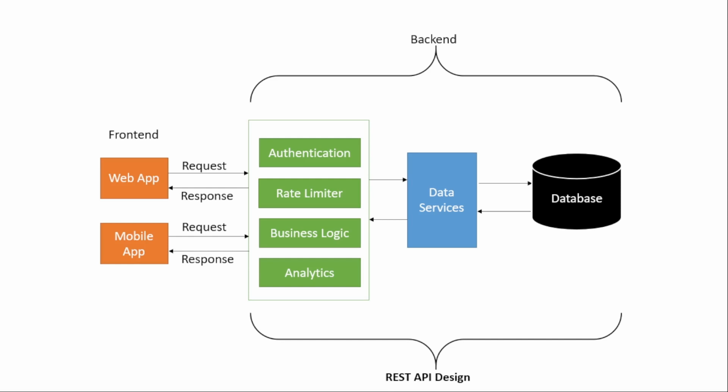It will pass through all the logic implementation which a developer has to write for authentication, rate limit, business logic, analytics. This passes the request to the data service, which fetches the data from the database, gets the response and passes it to the front end or your client. So this is just the basic diagram to understand the REST API and how it works.